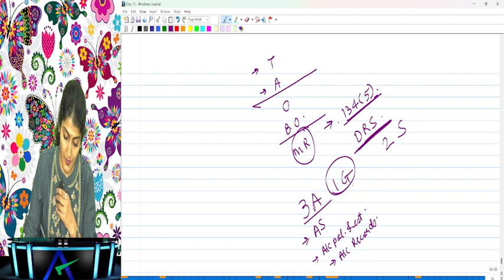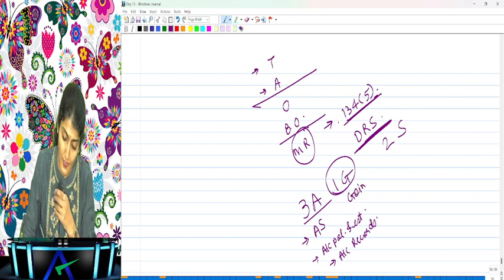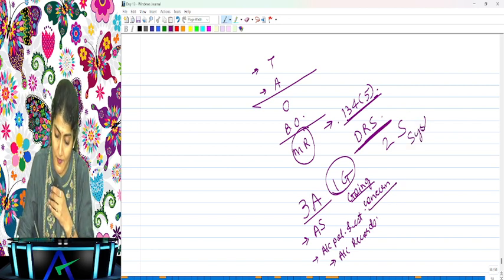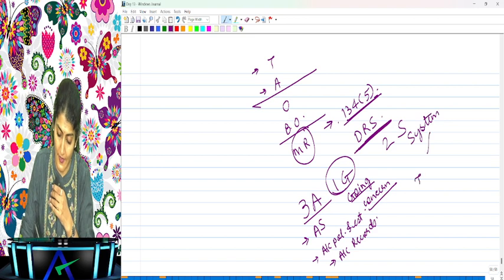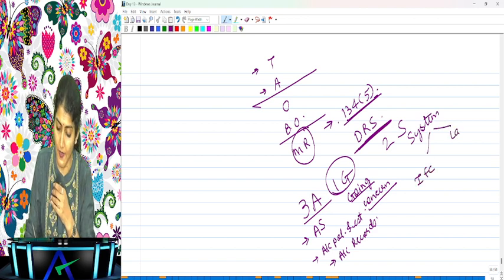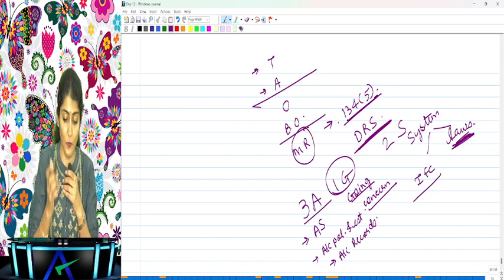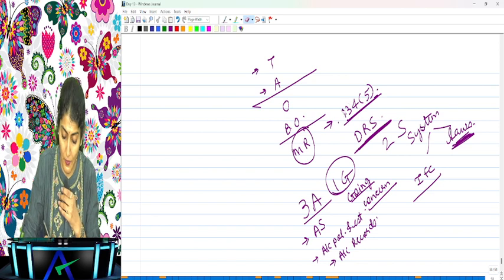Director's responsibility. Then the accounts of the company are prepared on a going concern basis. Whose responsibility? Director's responsibility. And two systems. One system for IFC and second system for compliance with the laws. These are the responsibilities of the directors.